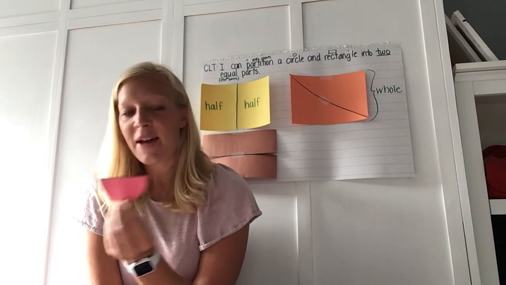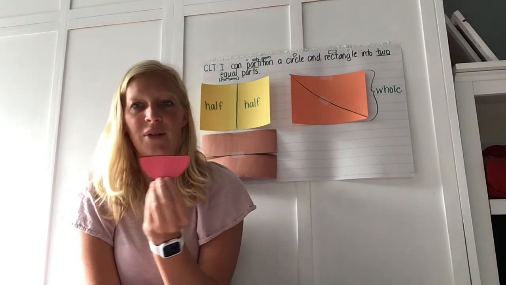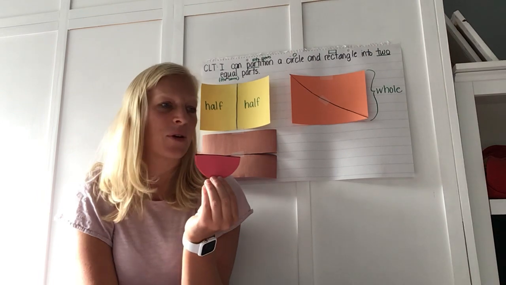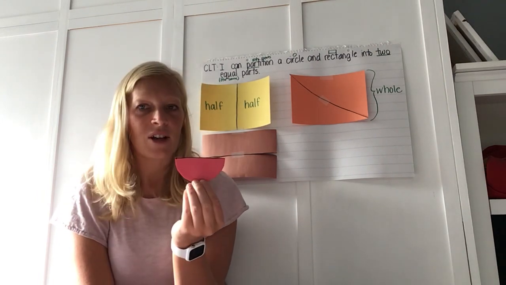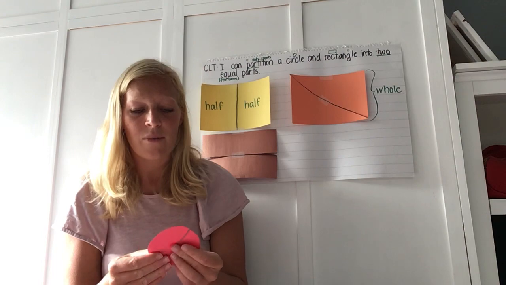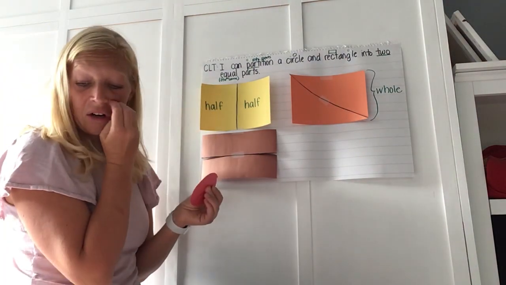Because when we cut them, they fit right on top of each other. Absolutely. There's no overlap. There's no overhang. They fit perfectly on top of each other. They are halves. They are equals. 2 equal parts.